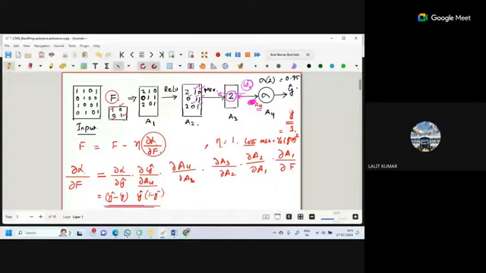It means that all the neurons which have not participated, we make their values 0, and the neurons which have participated, we keep their values as 1. This is an important part. Is this clear to everyone? This is the only difference between the CNN and the artificial neural network.